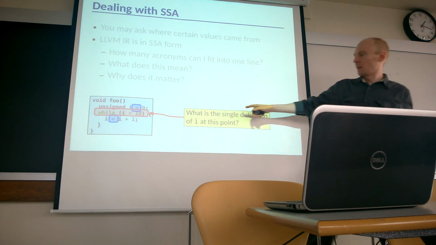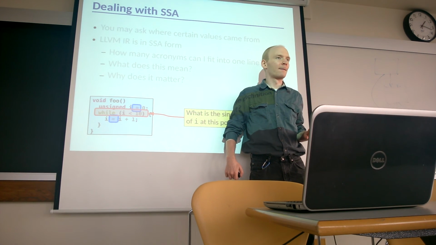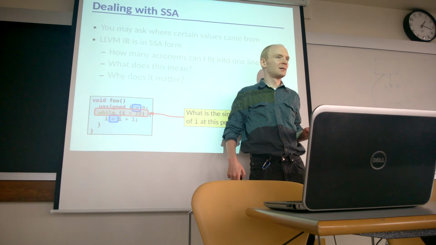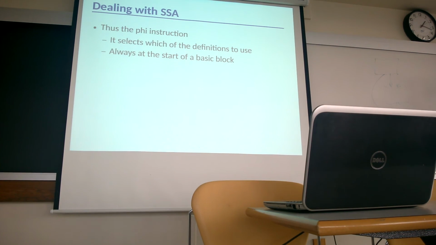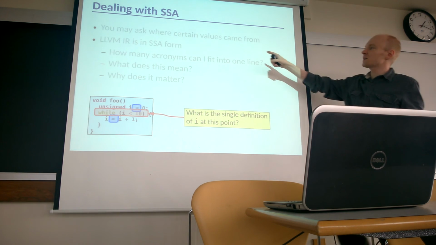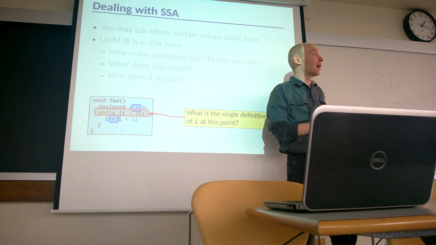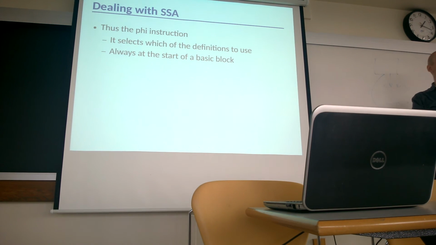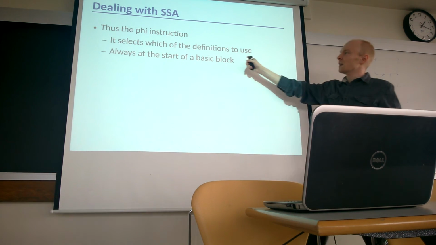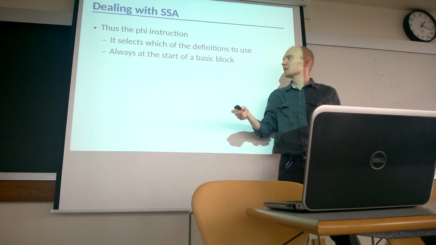Interesting. It's kind of incompatible with this, right? Any ideas? Okay. So the underlying approach that we're going to take is that we're going to say everything has one definition point, because that makes it easy to say, where did I get my value from? But we can have these special nodes, these phi nodes, and it selects which definition to use at strategic points inside a program.